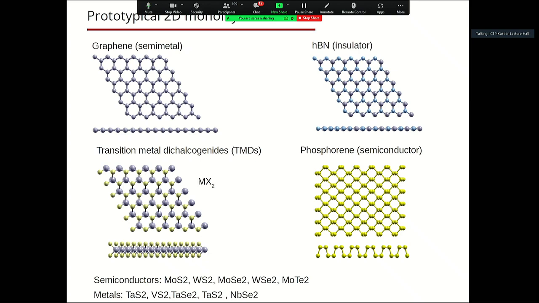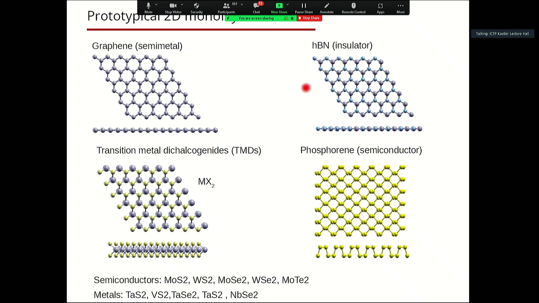Then, if the two atoms in the sublattice are different atoms, you can have something like hBN, which is a high-gap insulator that is usually employed as a layer spacer in the systems which are compositions of 2D monolayer materials.